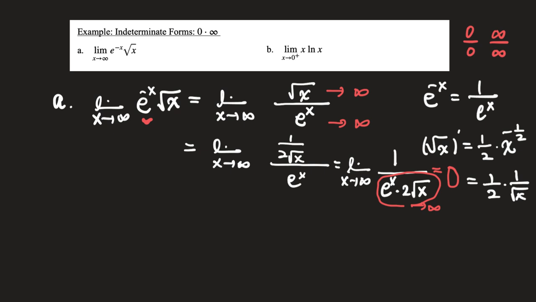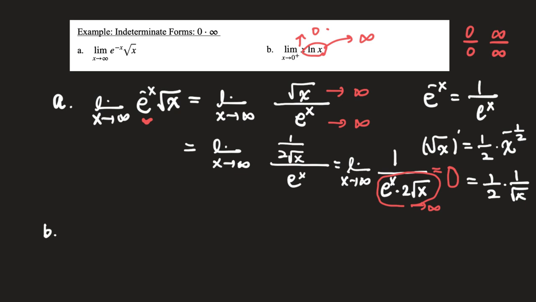So let's try part b together, guys. Look at part b. As x approaches 0, ln x goes to negative infinity. We talked about this in previous slides. x goes to 0, so this is 0 times infinity. One of them should go to the denominator, and you have to decide which one.